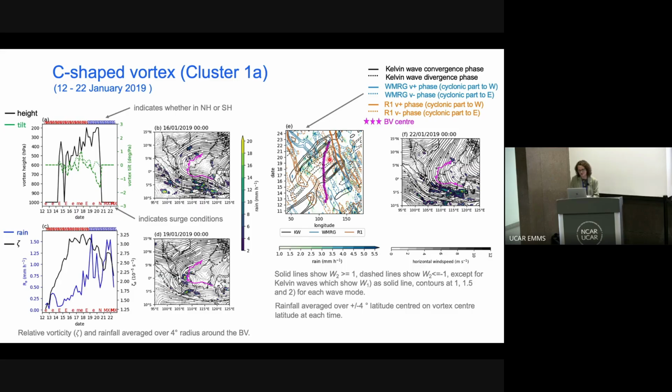Then it interacted with the divergent phase of the Kelvin wave, and you can see we get some precipitation from that. And towards the end, it was the interaction between the convergent phase of the Kelvin wave, and also, if you look closely, we are in the negative phase of the n equals 1 Rossby wave. So at different times of the lifetime of this particular Borneo vortex, it interacted with different types of waves.